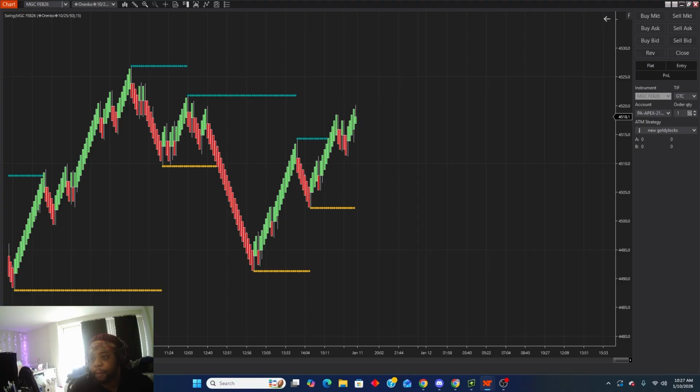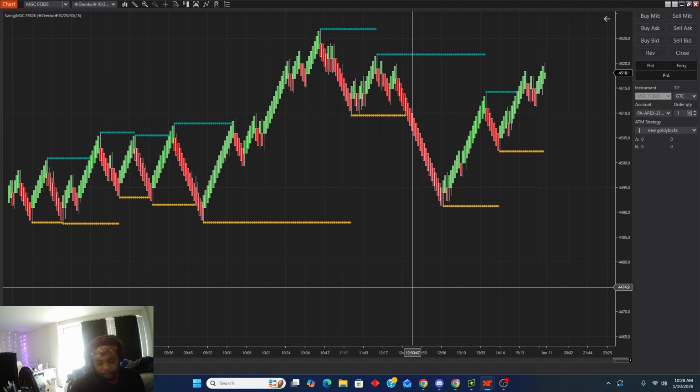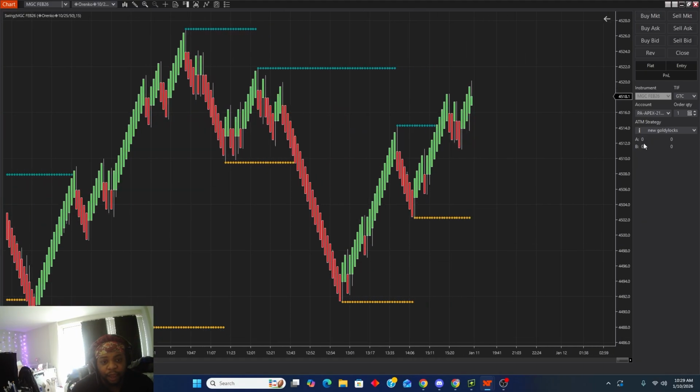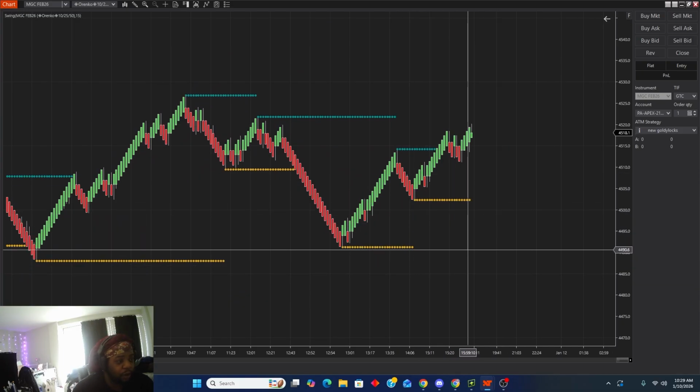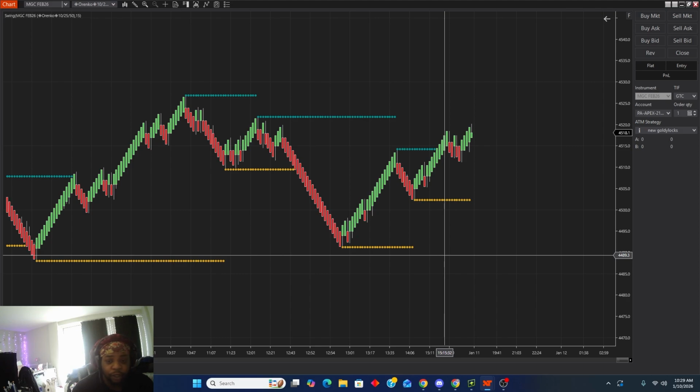You feel me? Why do Renkos look so clean? Renkos ignore small back and forth movements. That's why the chart looks smoother, along with the fact that time doesn't exist in Renko charts. So if you're on a brick chart and price doesn't move 10, 20, 30 bricks, however much you set it to, then you won't get a brick change.